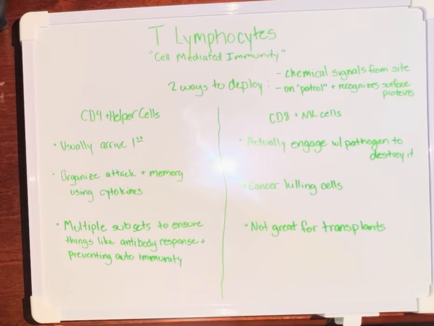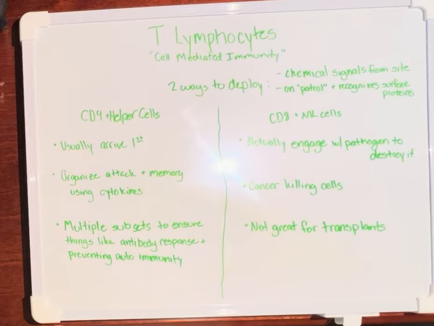There's 2 ways that they deploy, and this is kind of the same with the B lymphocytes. One way is you get those chemical signals from the actual injury site, so anything released by your mast cells and those secondary responses like CRPs and stuff like that. Or they can just be on patrol, so to speak.